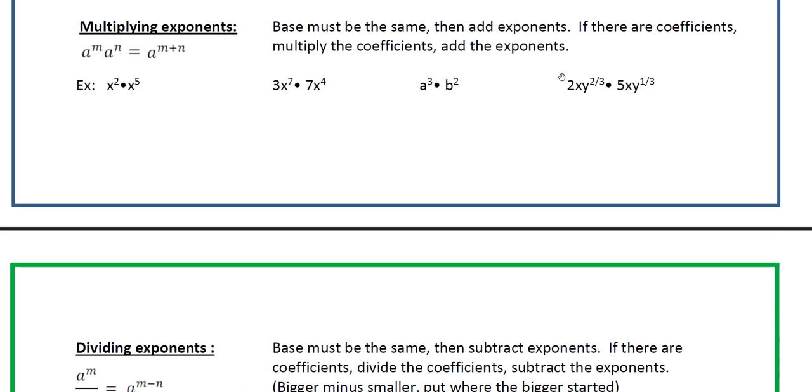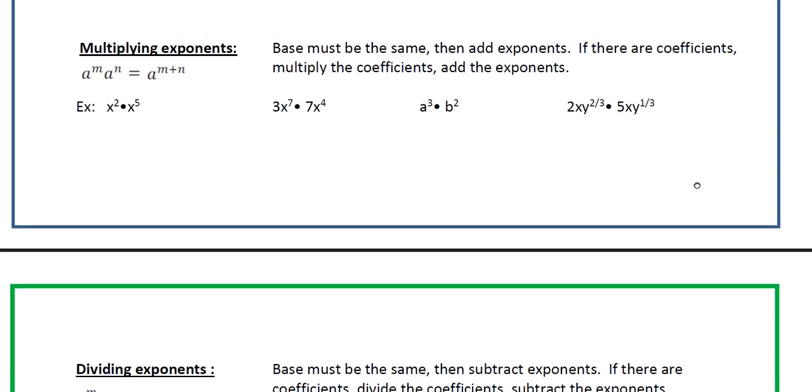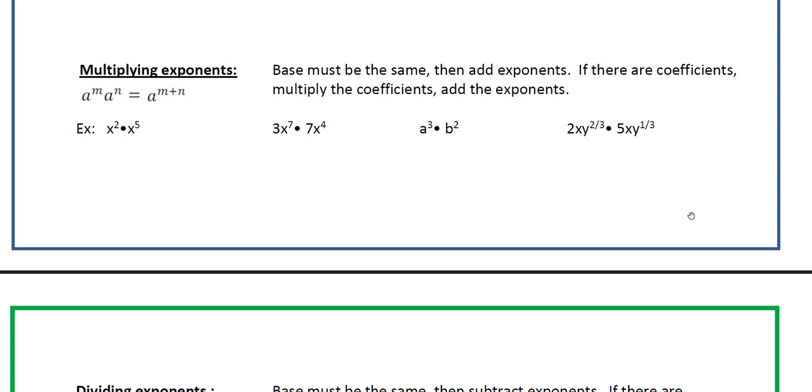Moving on. The next rule that we have to talk about is multiplying exponents. All of these rules, if you remember correctly in Algebra 1, we demonstrated why these things were true. Before we just gave you the rules, we showed you that we could come up with these rules on our own. Just to show that example, let's say we're talking about 2 squared times 2 to the third power.